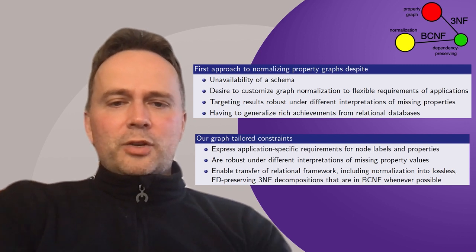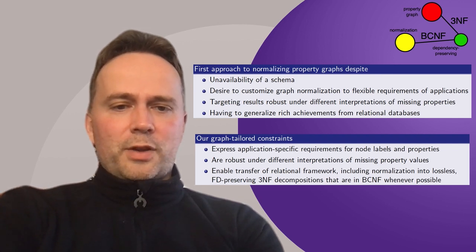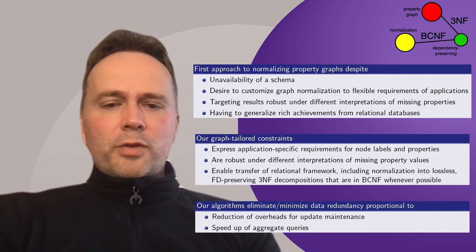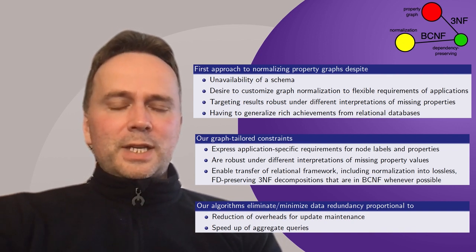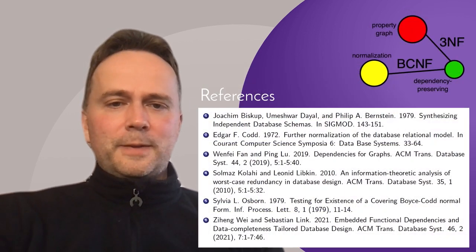Our graph tailored constraints can actually express application-specific requirements for node labels and properties. They are robust under different interpretations of missing property values, and they enable us to transfer the rich relational theory to property graph models. And our algorithms can eliminate and minimize data redundancy that's proportional to the reduction of overheads for update maintenance and the speed up of aggregate queries.